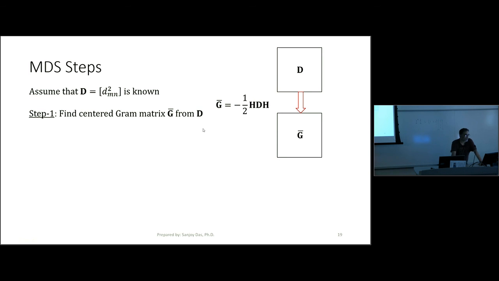So this is the first step, and we just saw how to do the first step: finding the centered Gram matrix. Now, the next step is to do the spectral decomposition of G bar, the centered Gram matrix.